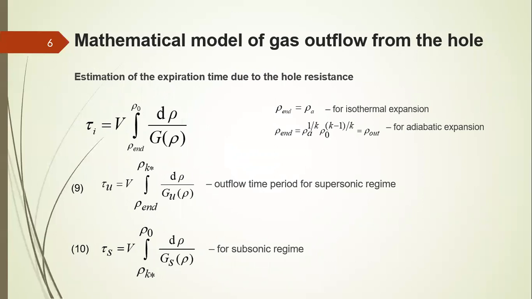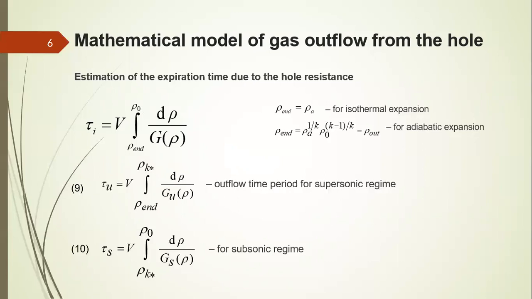Let's estimate the time period of gas outflow, taking the hole as the only factor limiting the flow rate. The total volume of gas remains constant, and the gas density is the same everywhere and changes only with time due to outflow from the hole. The previously obtained formulas 2, 4 or 6, 8 show the dependence of the flow rate on the density.